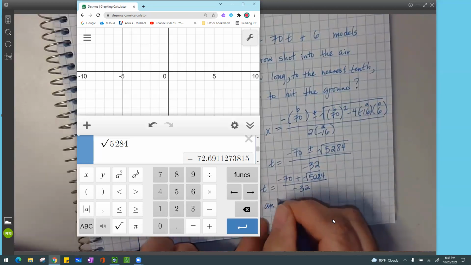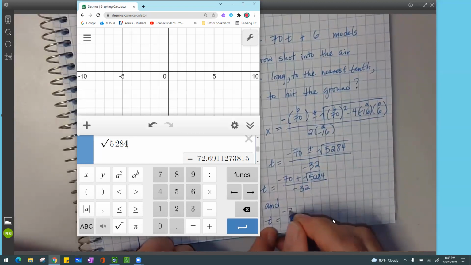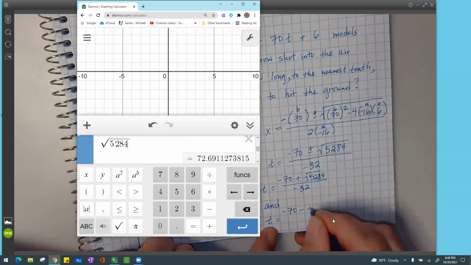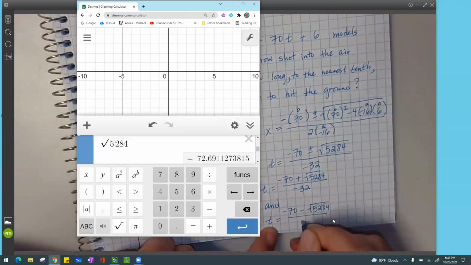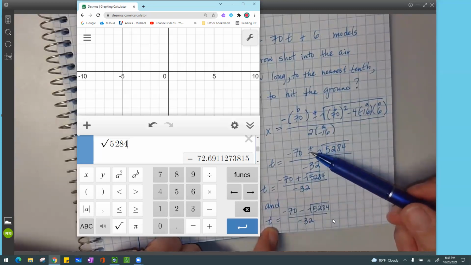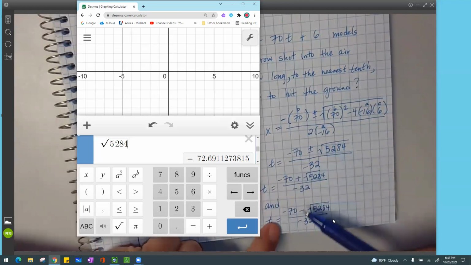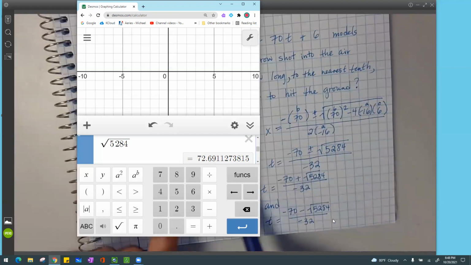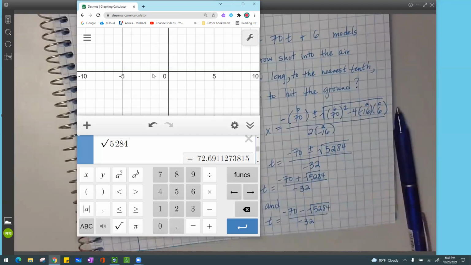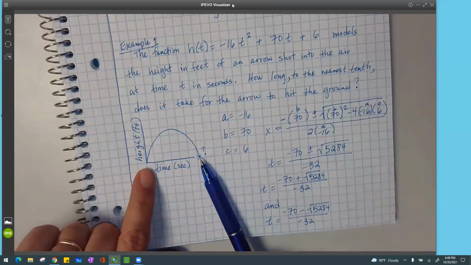And time will also be -70 minus the square root of 5,284 over -32. So I split up the adding and subtracting. Adding is one solution, subtracting is a second solution. That's how I get these two places where it crosses when height is 0.